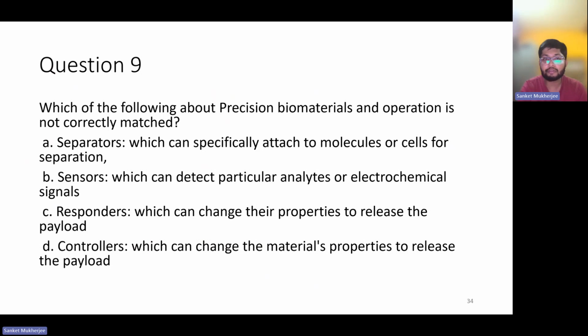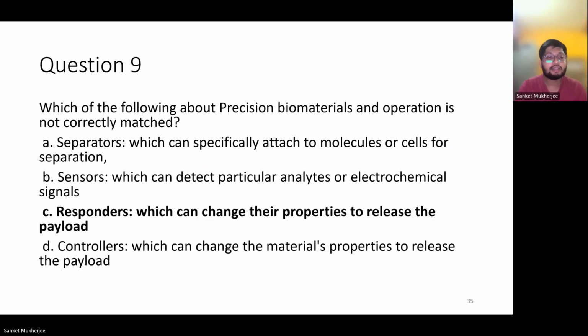I'll give you a minute to think on this and then answer. C, responders, which can change their properties to release the payload.